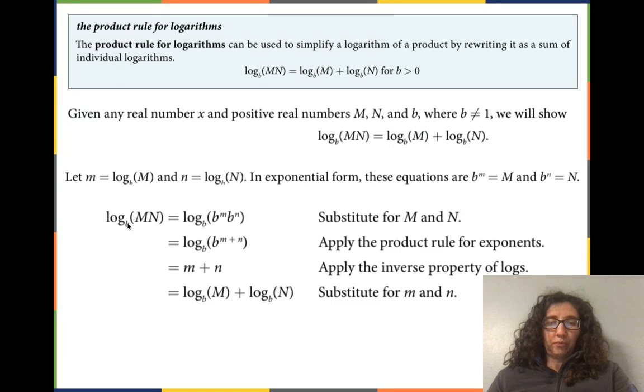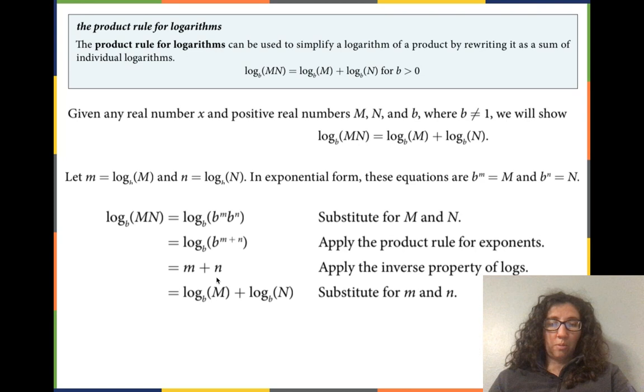So we start with the left side here, log base b of m times n. Well, we know that big M equals b to the m, and big N equals b to the little n. So we just replaced m and n with that. Then we use properties of exponents, right? The same base, we can add the exponents together. And what does this mean? This is saying b to what power equals b to the m plus n?